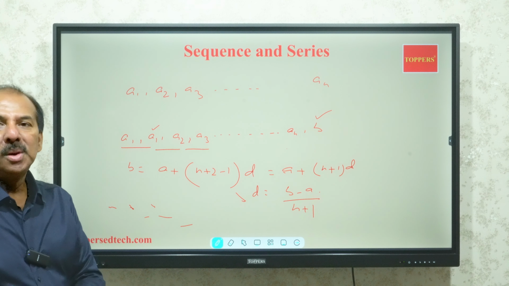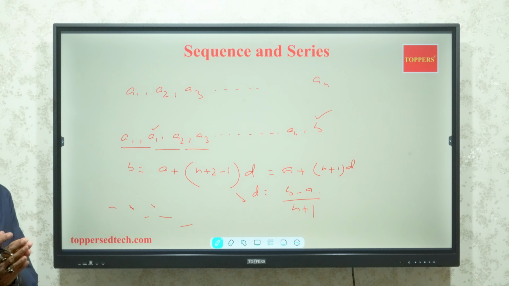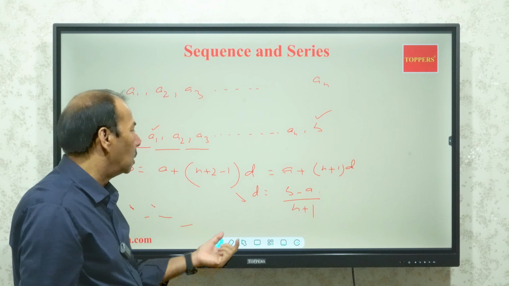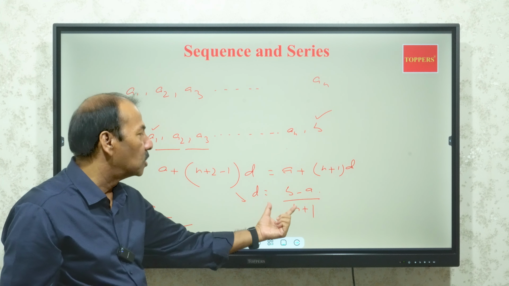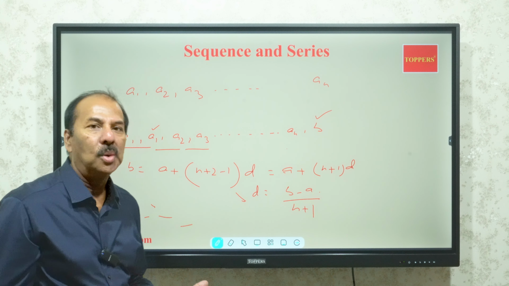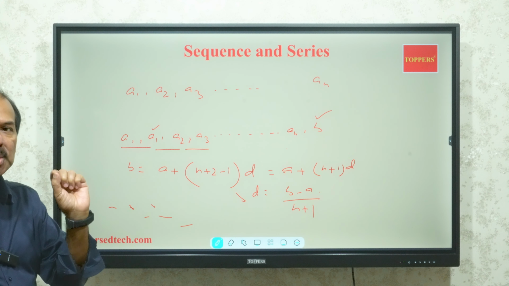Now again, there is no need to remember the formula for the nth arithmetic mean. Once you know the common difference, you simply have to get into the concept.